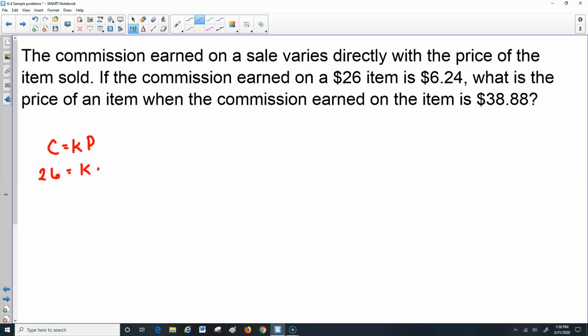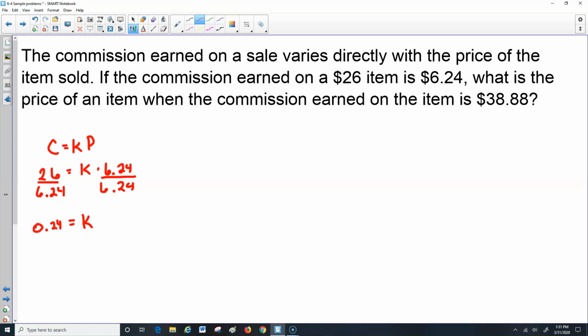So that means that 26 equals K times $6.24. If we divide both sides of the equation by $6.24, we can solve for the value of that constant of variation K. So the value of K in this case is 0.24.